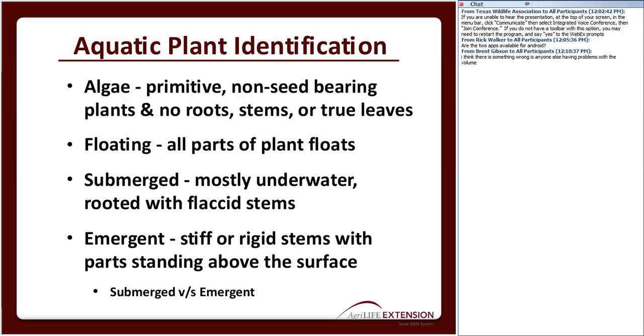So in these cases, what do you do? You reach down by the base, you pick it up, and an emergent plant will have a stiff or rigid stem, so it will be able to hold itself erect or upright. And so those are the four basic categories, and I think that most people can now get their aquatic vegetation into one of these four categories.